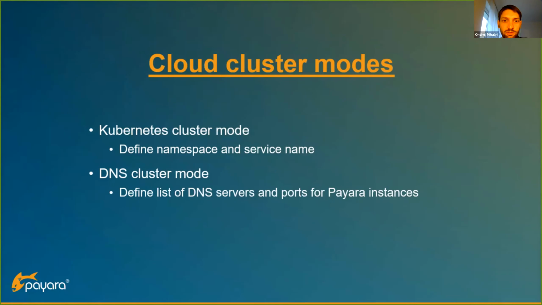While before you had to use the TCP discovery to scan a long range of IPs, and this was just too much sometimes in some cloud environments. So this cluster mode just retrieves the necessary information and scans only the services that you define.